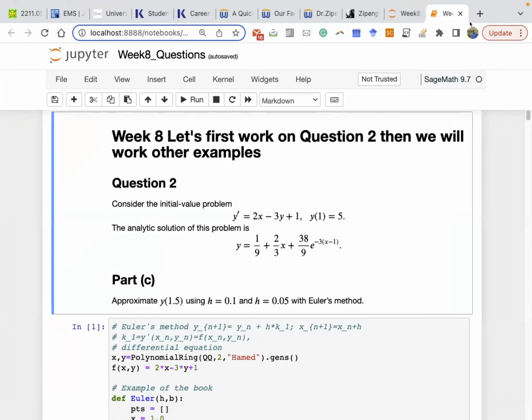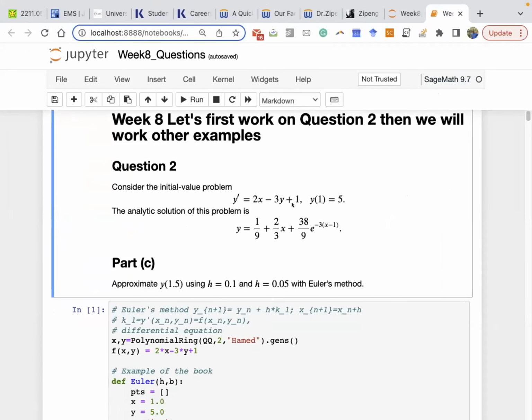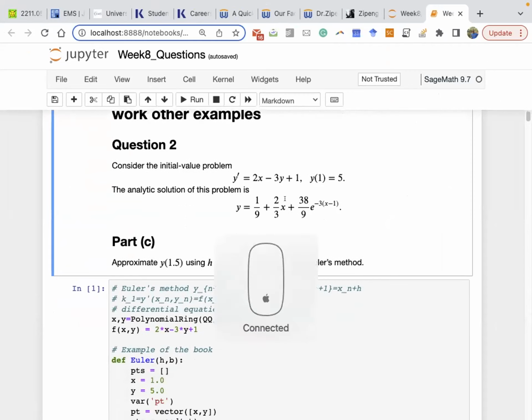All right. So this one. Question 2, let's have a look at that again. What's the time? We should be faster. So you see this one here.